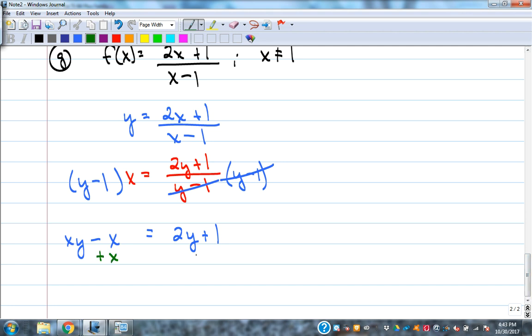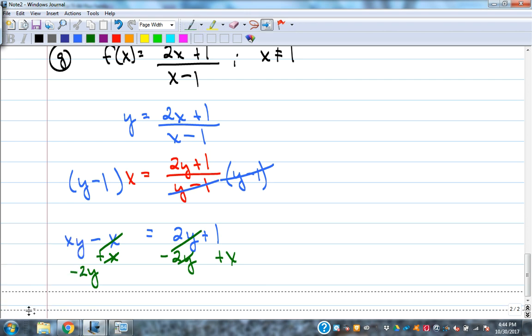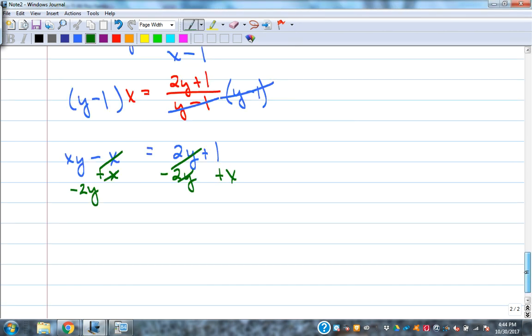So I'm going to move x, and I'm going to move 2y, doing that all at the same time, one step. So xy minus 2y equals x plus 1.